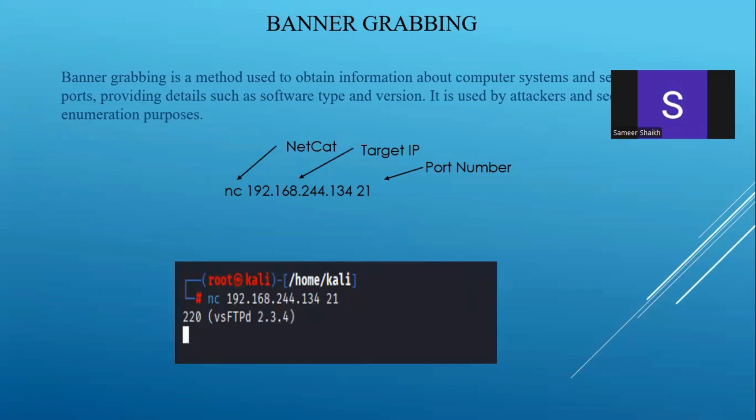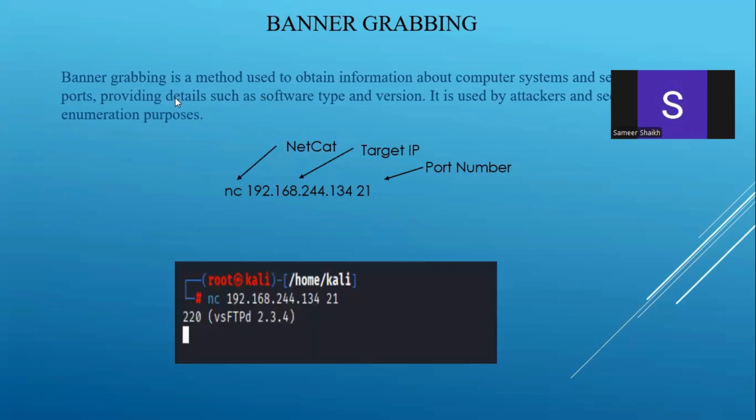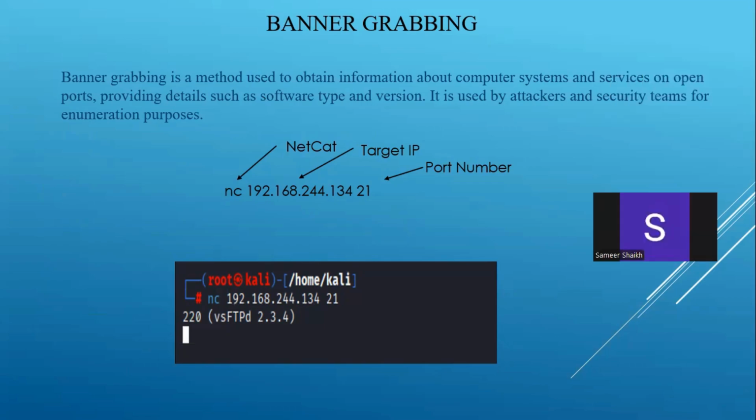Next, we are going to learn about banner grabbing. Banner grabbing is a method used to obtain information about a computer system and services on open ports, providing details such as software type and version.